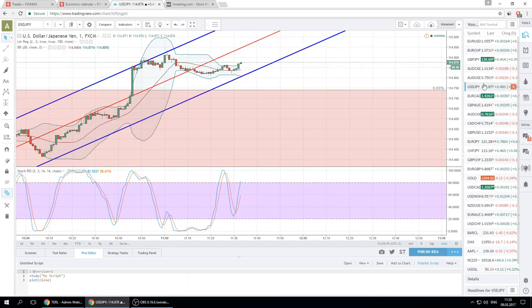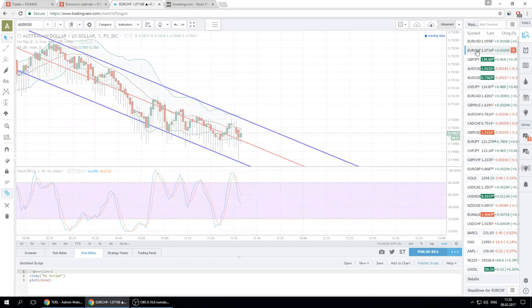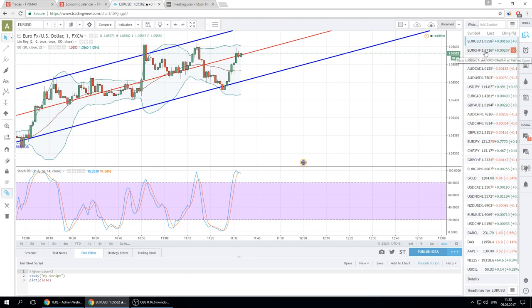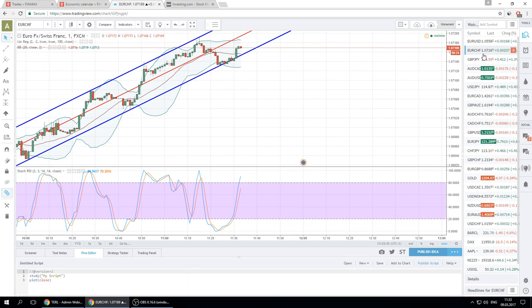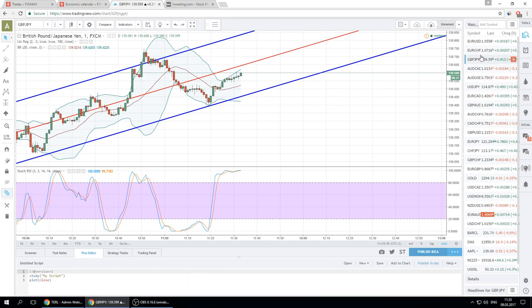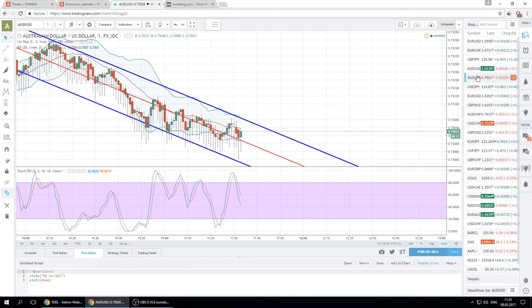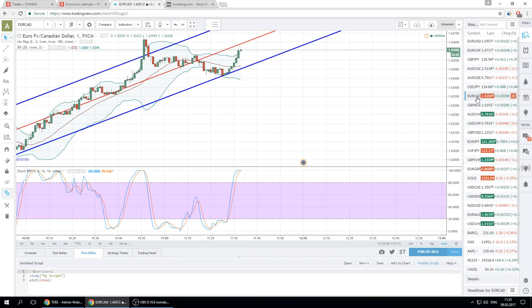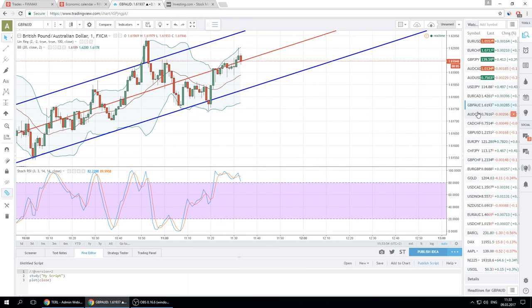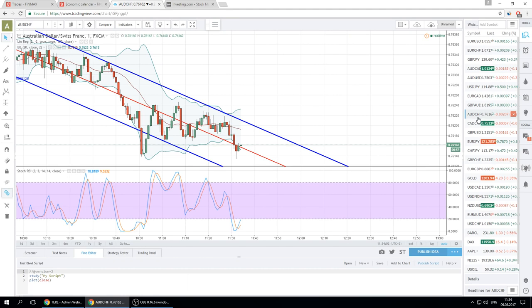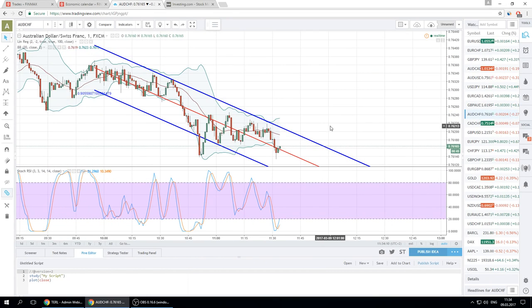We'll hold. Australian dollar to Swiss franc.